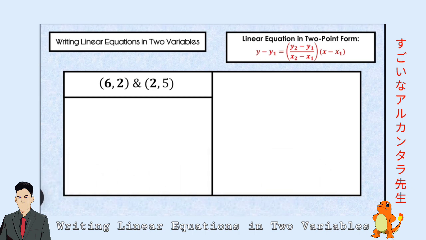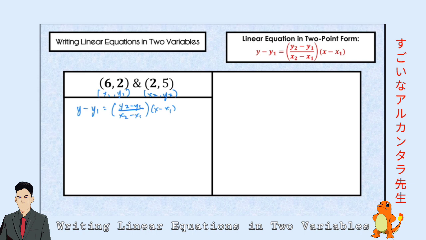Let's deal with this. Let's have the given: we have (6, 2) and (2, 5). So let's label this as our first point, x sub 1, y sub 1. This is our second point, x sub 2, y sub 2. So using the formula again, y minus y sub 1 is equal to the entire thing, y sub 2 minus y sub 1 all over x sub 2 minus x sub 1, times the quantity x minus x sub 1.